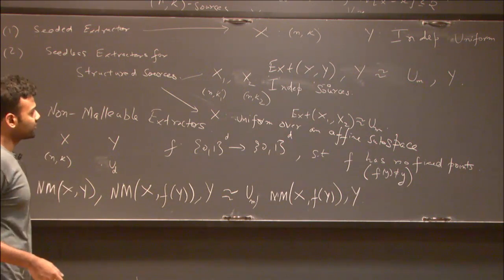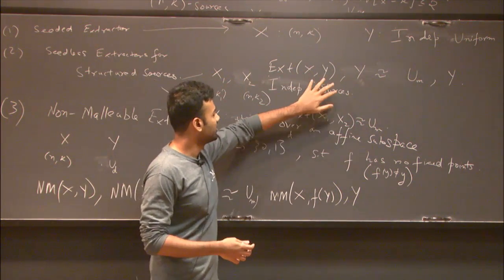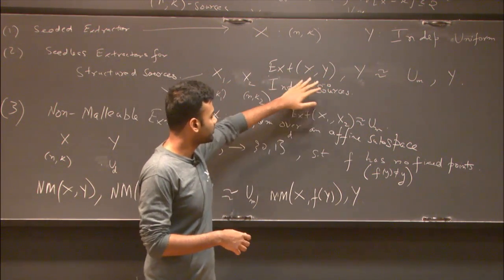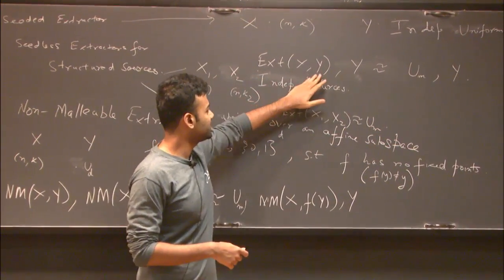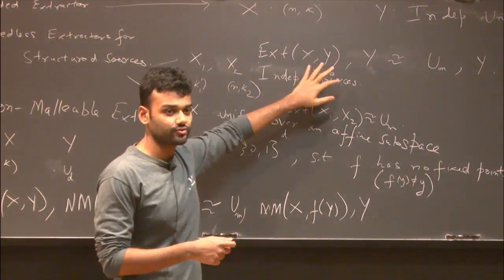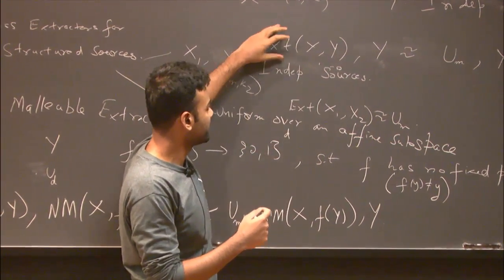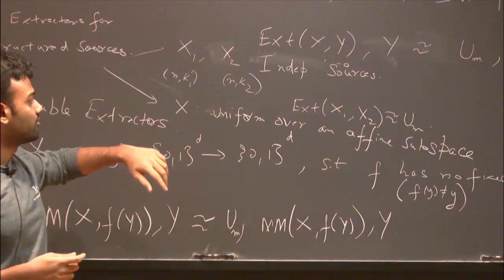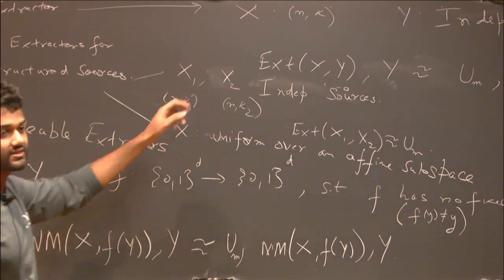So as Avi pointed out, for a strong seeded extractor, essentially what you're saying is that for almost all seeds, the output is uniform. If you fix the seed and think of the extractor as a function on the source, then for most fixings of the seed, the output of the extractor is actually uniform, because it's just a Markov argument by summing over all the y's.